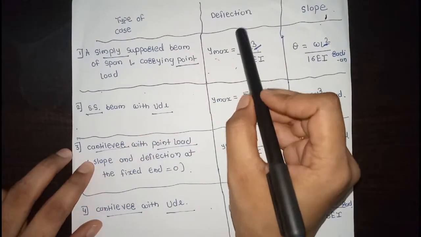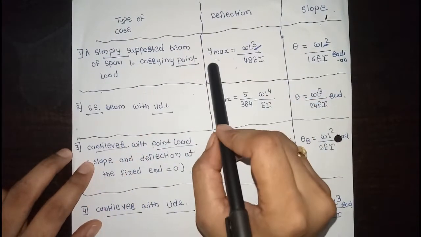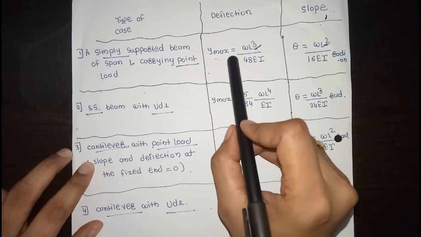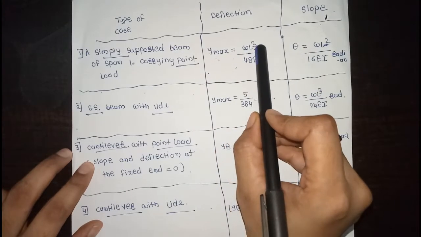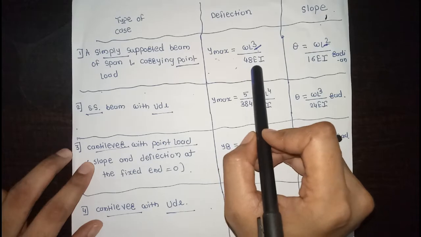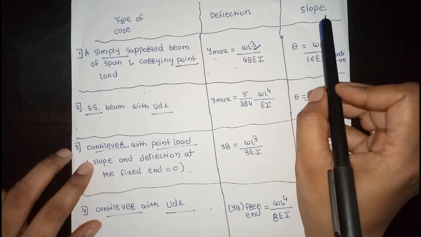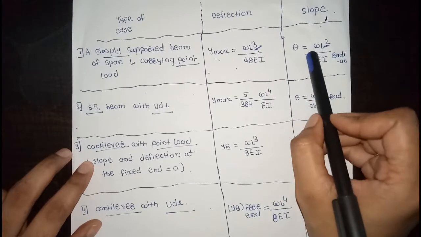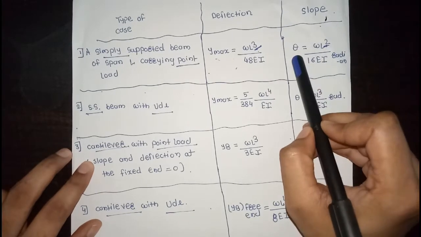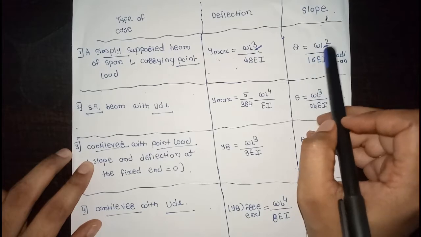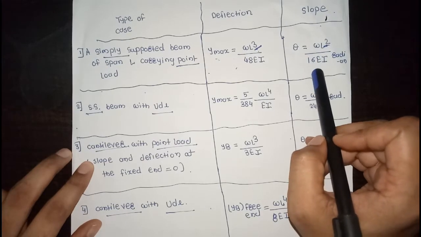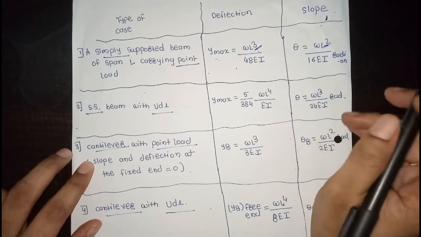Calculate deflection: maximum Y is equal to WL cube divided by 48 EI. Then calculate slope theta: theta is equal to WL square divided by 16 EI radians.